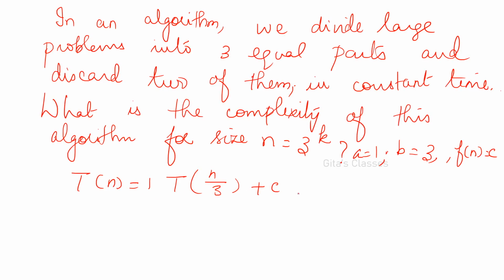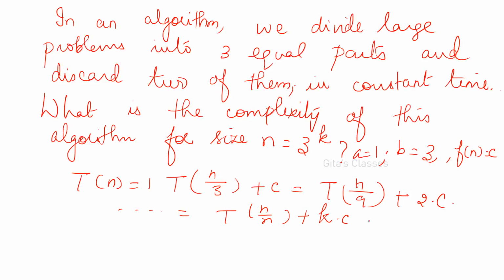So this can be written as T of n by 9 plus 2 into C. In general we can write it as T of n by 3 to the k plus k times C, that is T of 1 plus k into C. Can you tell me what k is now? Log n base 3, right?